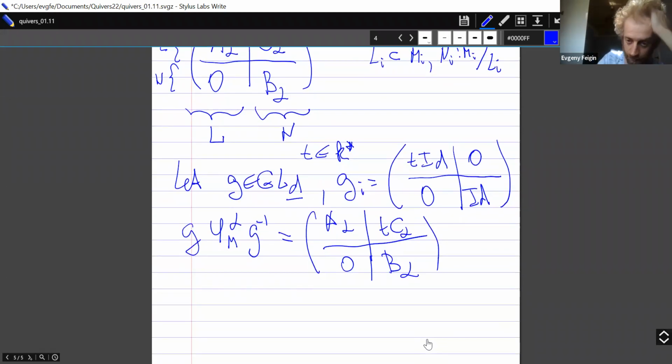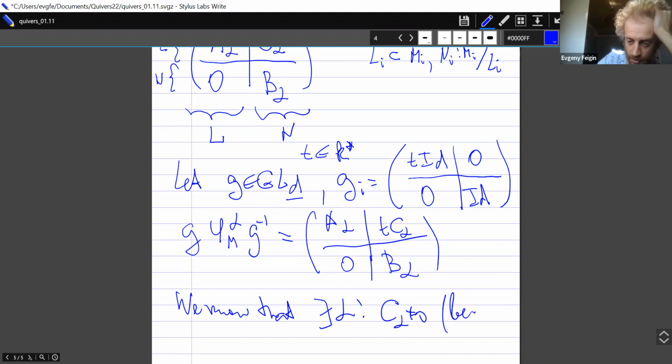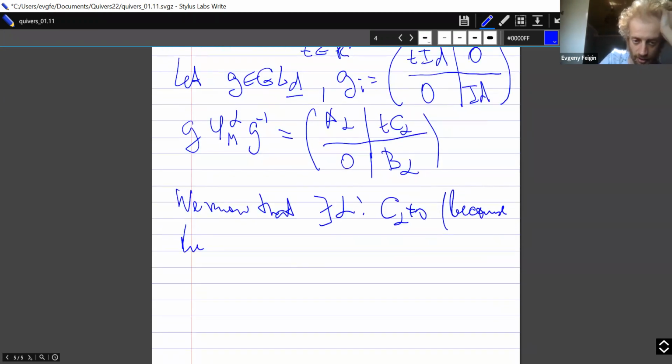So we know that there is an alpha such that C alpha is non-zero because the exact sequence is not split.